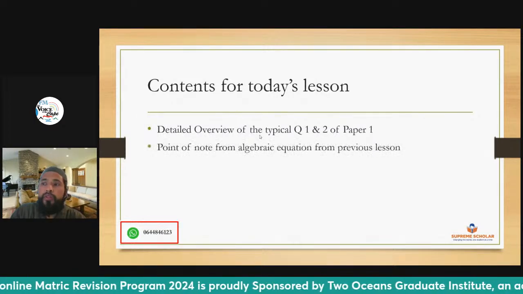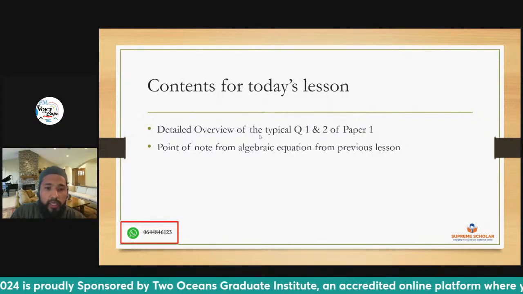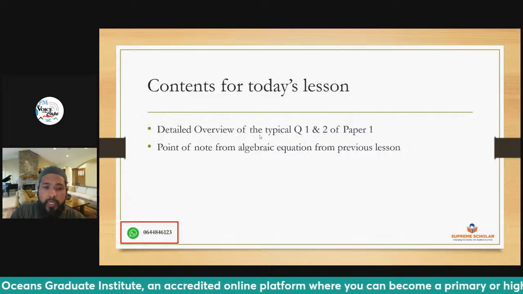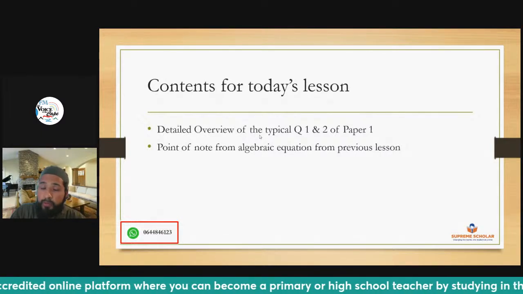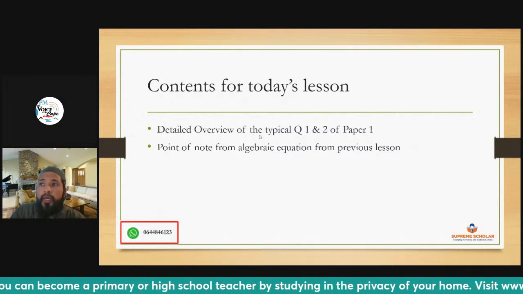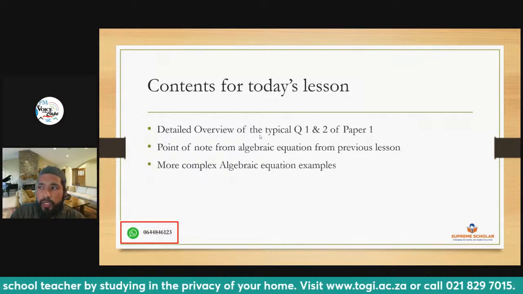And then we're going to be looking at just a point. One of my students pointed out to me that there was something we mentioned in the previous lesson that I need to clarify. So just a point of note from the algebraic equation from the previous lesson that we conducted yesterday. And then we're going to be looking into some more complex algebraic equation examples.